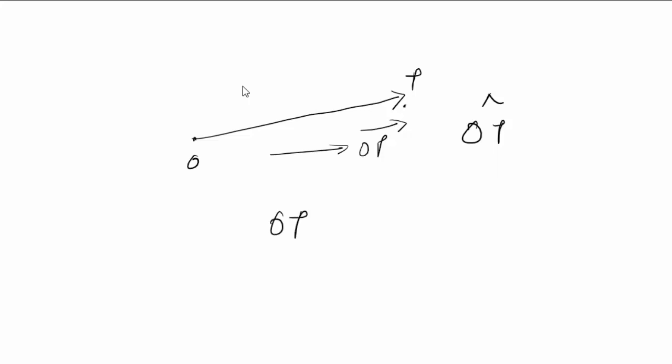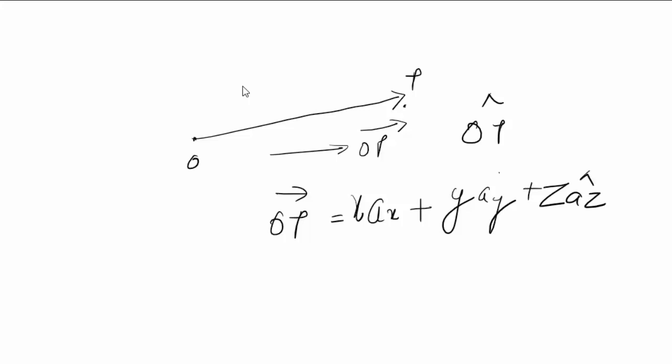So my OP vector could be written as x ax plus y ay plus z az. So this is how you can write that. And again, OP vector divided by the magnitude of OP will give you the OP unit vector.